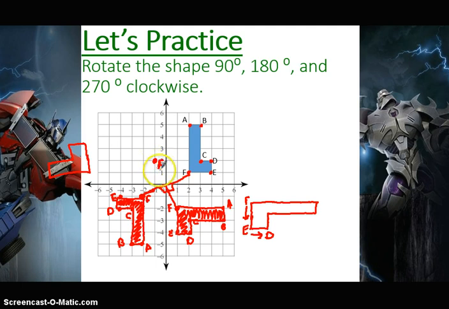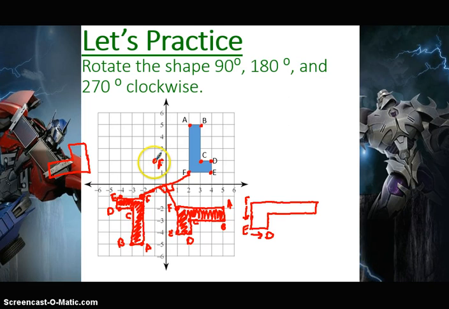And if you notice the pattern here, we had the points 2, 1, 1, negative 2, negative 2, 1. Now we're at negative 2, negative 1, negative 1, 2. It uses the same coordinates, just goes from one coordinate to the next, one quadrant to the next.